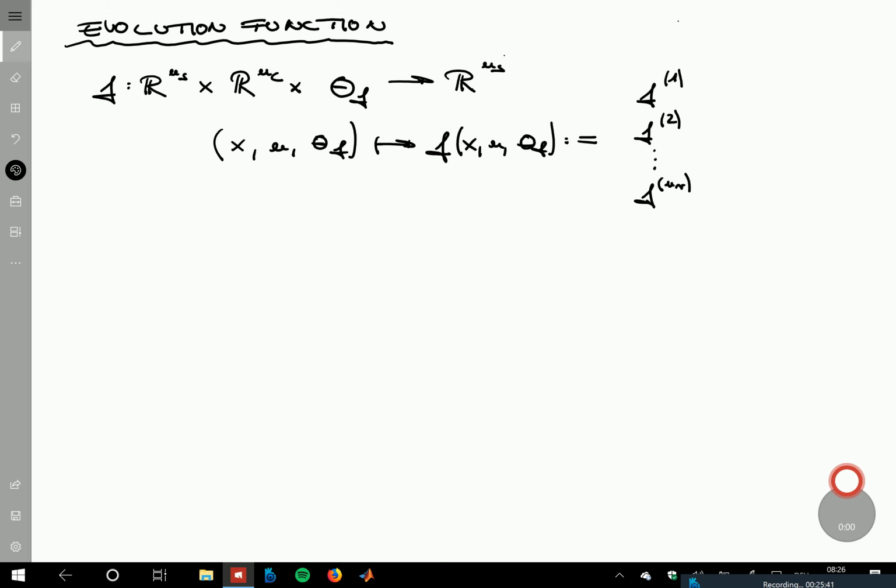And each of these regional-specific functions takes in the entire state vector, the entire condition function vector and the parameter vector, although each of these sub-functions might not require everything in there.